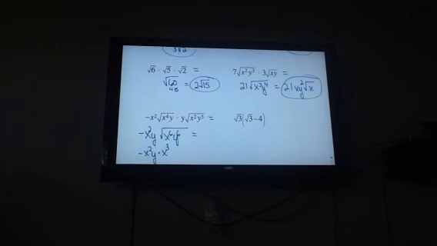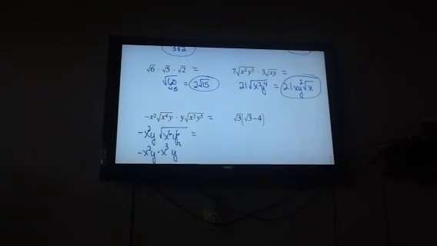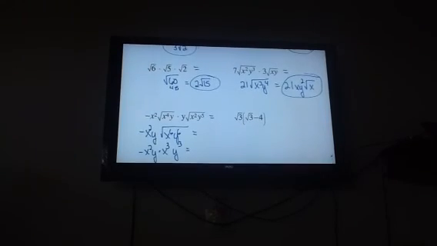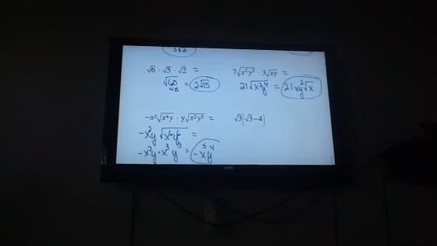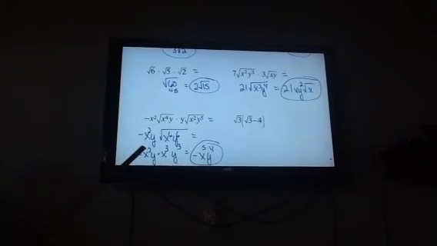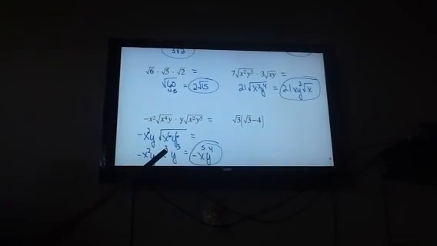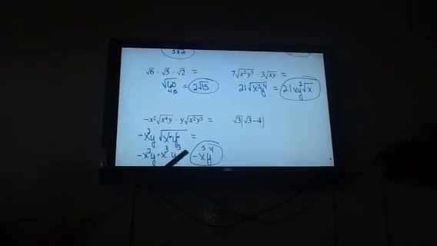For my y to the 6th, 2 goes into 6 evenly, 3 times, none left over. Leaving me negative x to the 5th, y to the 4th. When I put my variables together, remember that I'm adding powers. 2 plus 3 on my x's, 1 plus 3 on my y's.